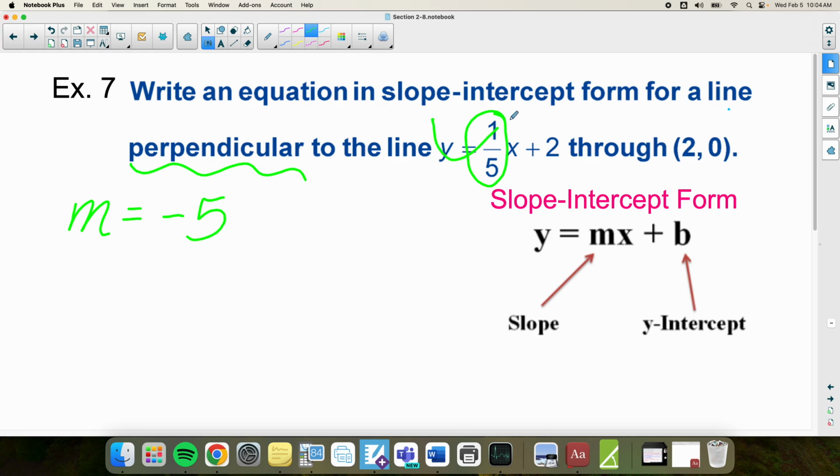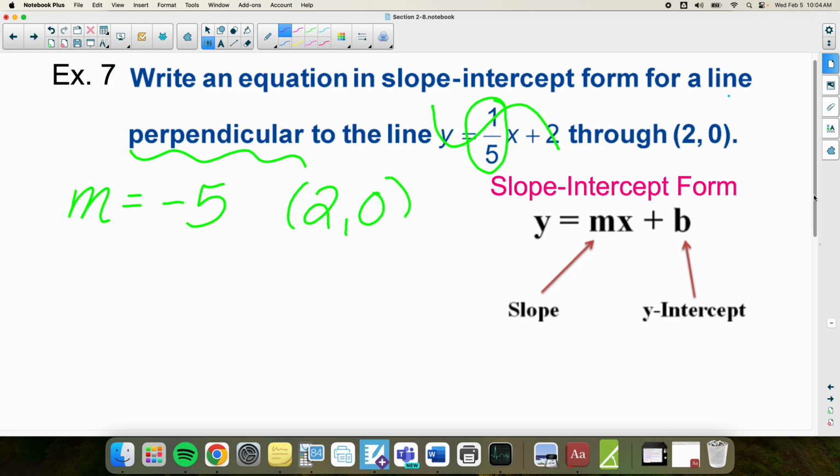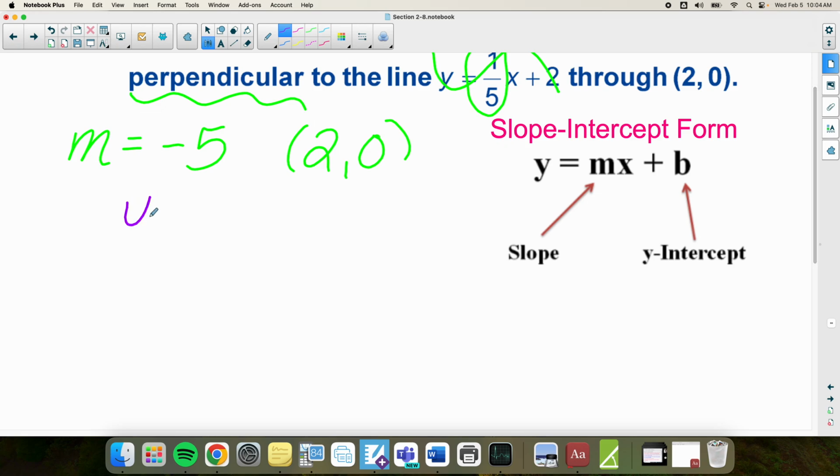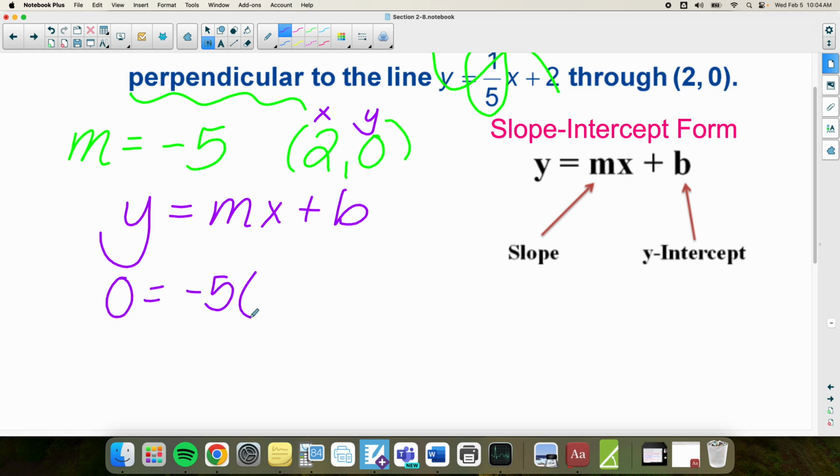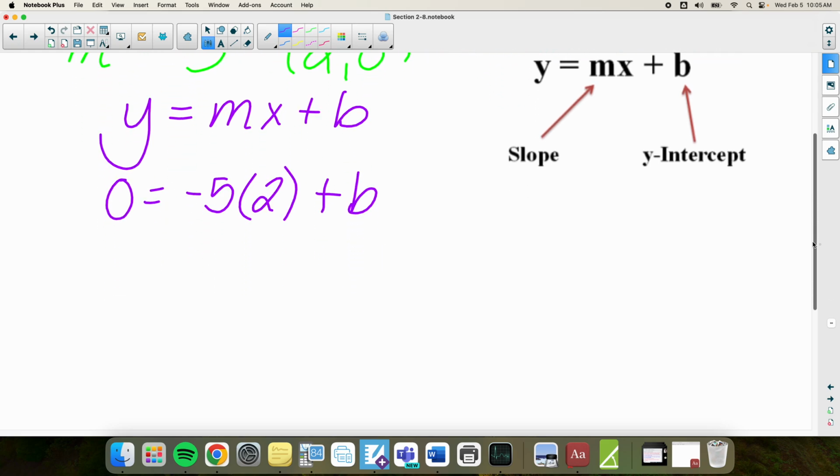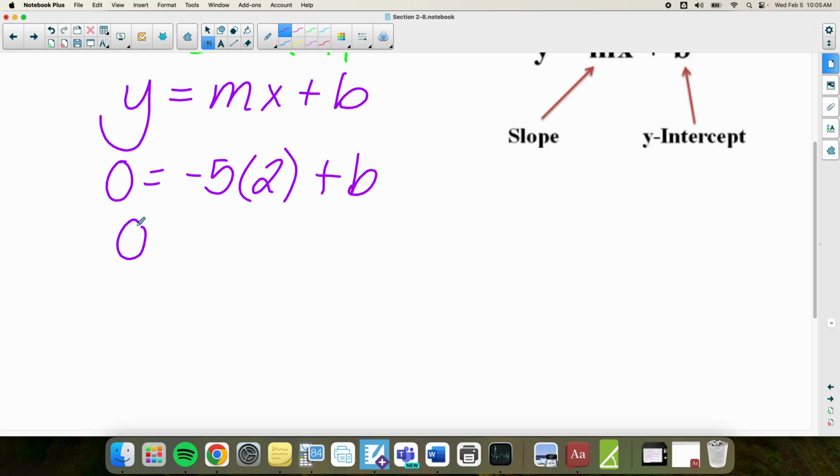Then you never look at this again, and it goes through the point 2, 0. So now what you're gonna do is write y equals mx plus b. This is my m, this is my x, this is my y. So my y is 0, my m is negative 5, my x is 2, and then plus b. Now, negative 5 times 2 is negative 10.